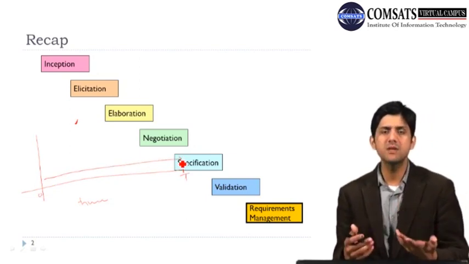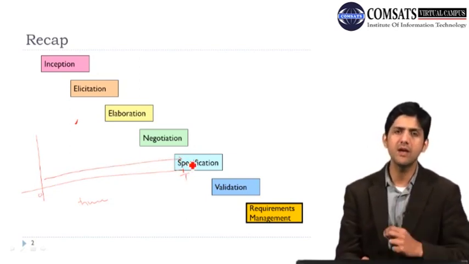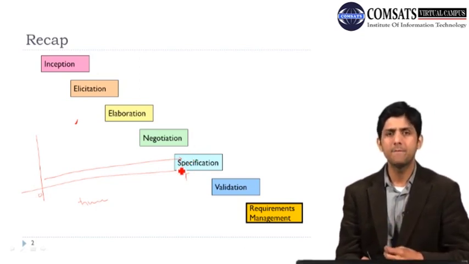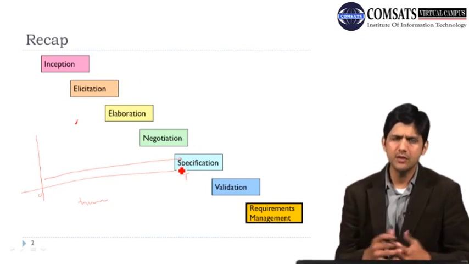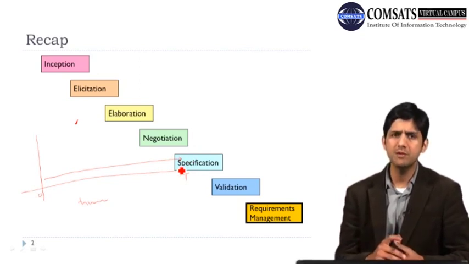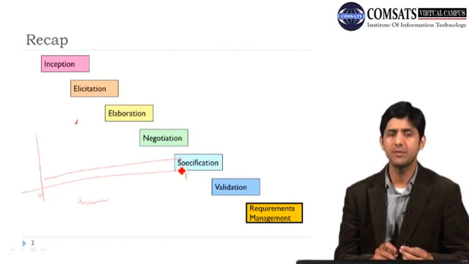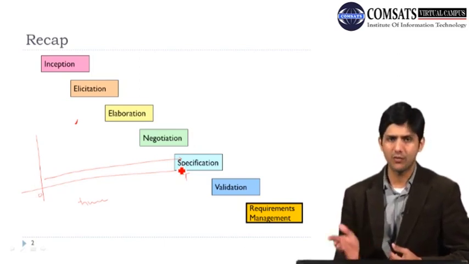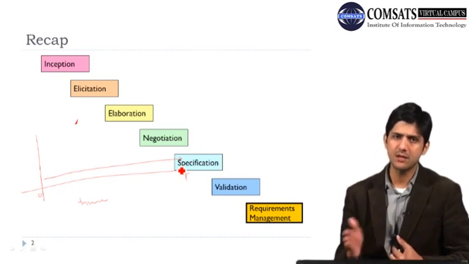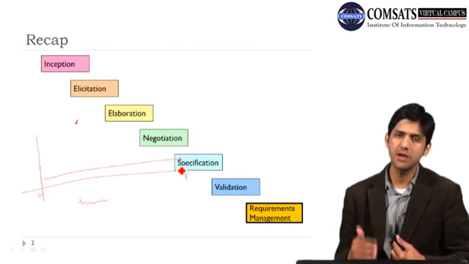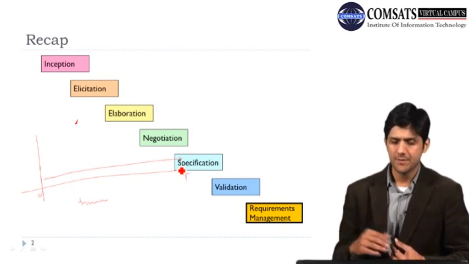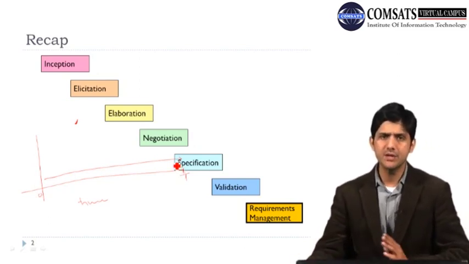Because requirement management is about identifying and controlling changes and managing requirements overall. And there are lots of things that come out of requirement management, but one of the most important is the requirement traceability tables or traceability matrices, which are used to trace requirements, to trace the changes in the requirements, and to analyze the impact of those changes on the overall product. So this is what we did in our last 3 lectures.